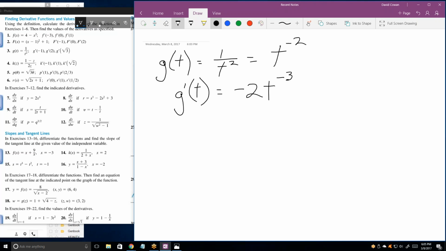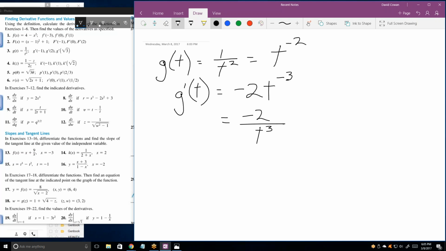You do get to integral calculus, which is finding antiderivatives. It's the opposite. You always add 1. But as long as you're doing differential calculus, you're always going to subtract 1 from that. And that ends up, now they usually want you to put it with positive exponents. In other words, put it back into the format that they kind of gave it to you. So that's g prime of t.